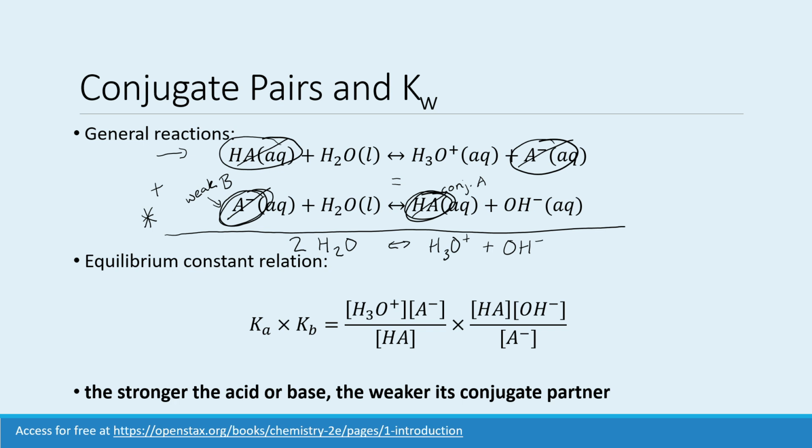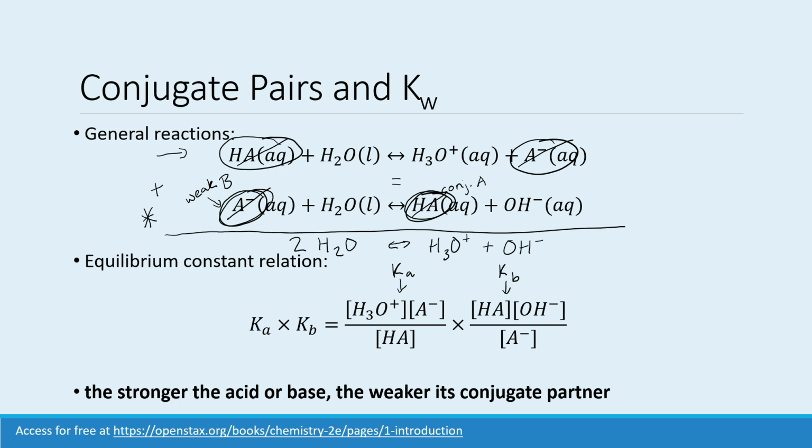And remember that Kw was equal to 1 times 10 to the negative 14th. That is a constant for the autoionization of water. So we know what Kw is equal to, and we know what Ka and Kb are equal to, right? So Ka represented here is the hydronium ion concentration times A negative divided by your weak acid. That is your Ka value, and then multiply it by your Kb value.